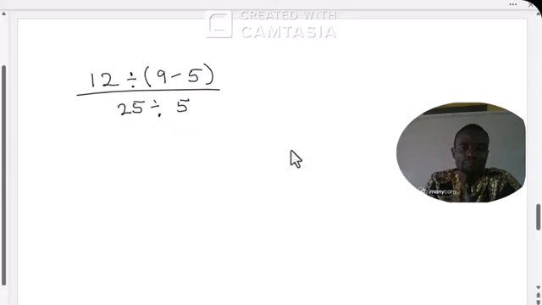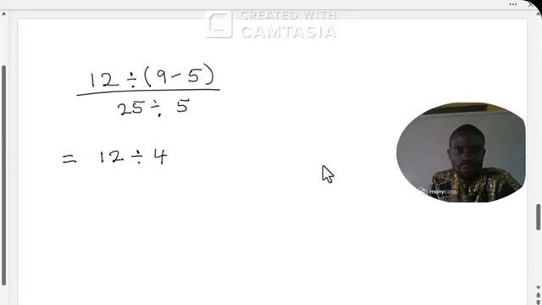Now let's go ahead and do it. For the numerator, we have bracket. We need to remove the bracket first. That is 12 divided by, in the bracket we have 9 minus 5, that is 4, over.